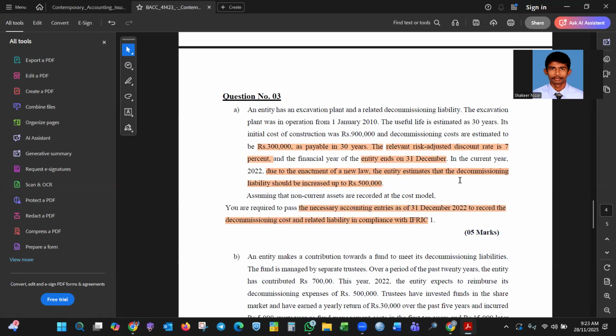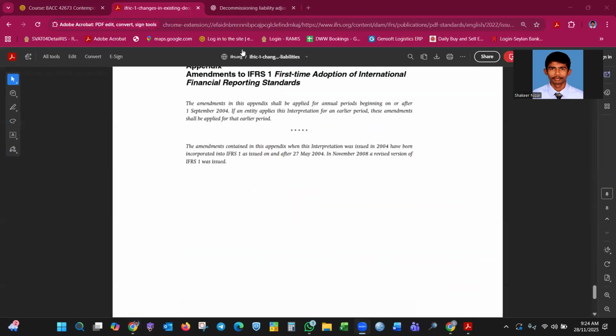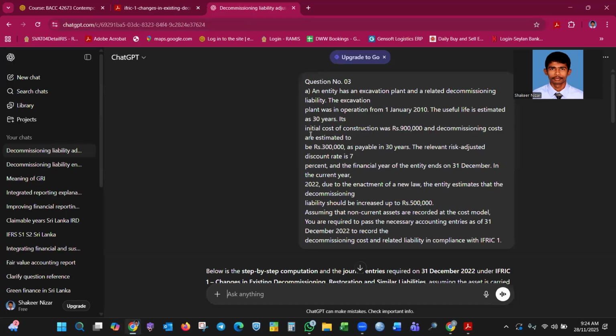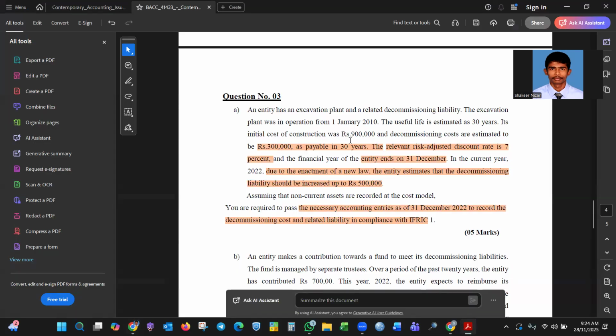So firstly, you need to recognize the PPE. Initially in 2010, the PPE, the excavation plant, debit 9 lakh, and cash or payable credit 9 lakh. If I show you the ChatGPT answer, that is correct actually. You know the initial cost is 9 lakh. The present value of the decommissioning liability at the initial inception: at the 30th year you need to pay 3 lakh.